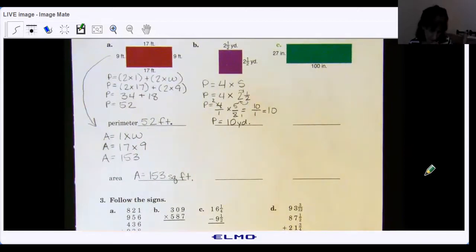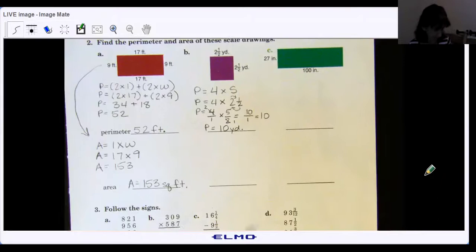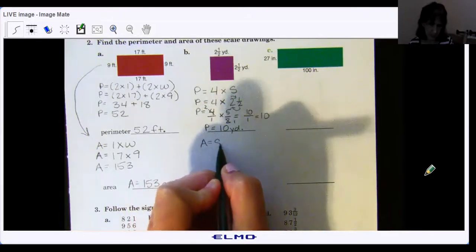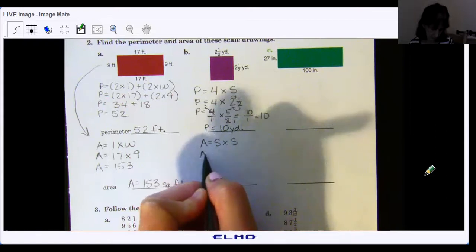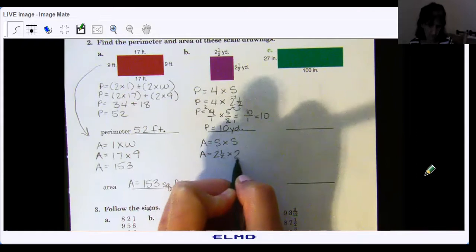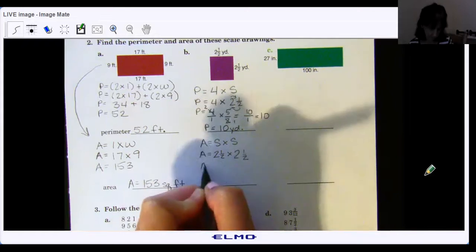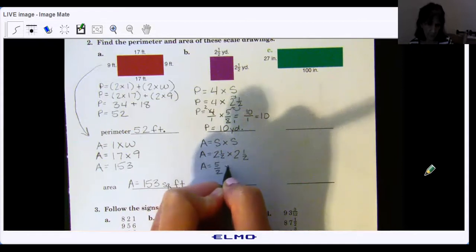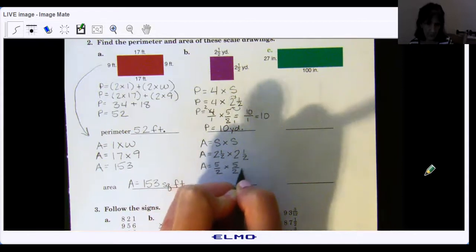All right, now area of a square. Area equals side times side. Area equals 2 1/2 times 2 1/2. Area equals 5/2 times 5/2. Can you cross cancel?